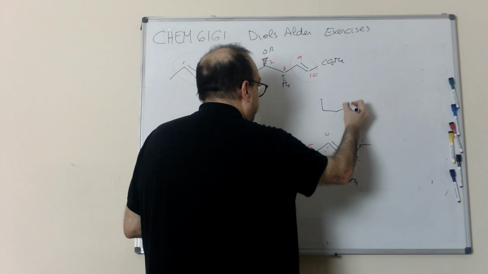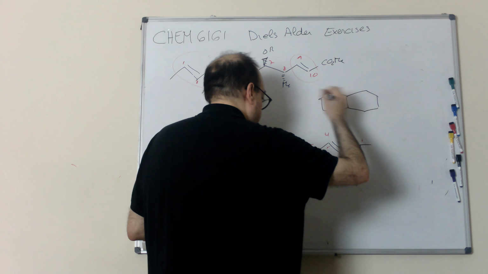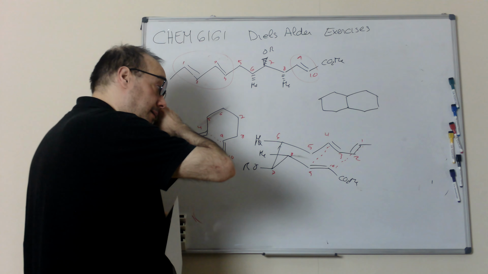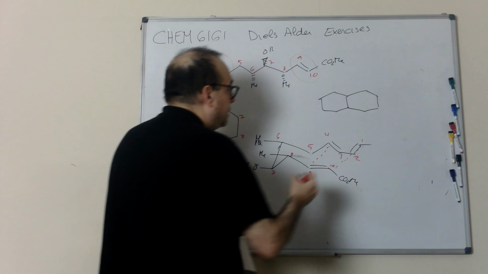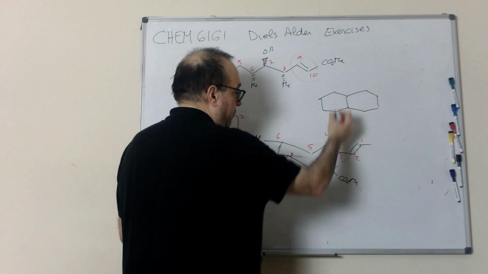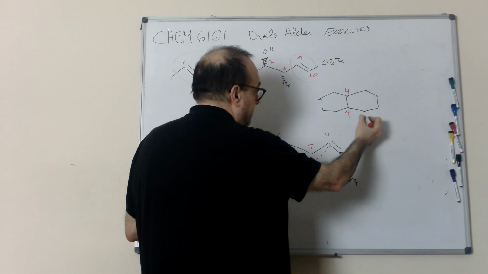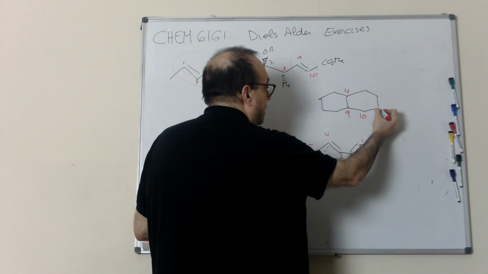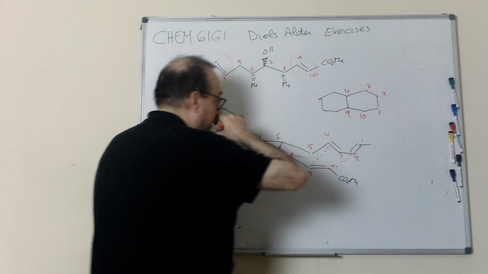Basically, this is 2 rings. Okay? And the only thing that I need to do is to numerate. This is the carbon 4. This is carbon 9, carbon 10, carbon 1, carbon 2, carbon 3. Okay?